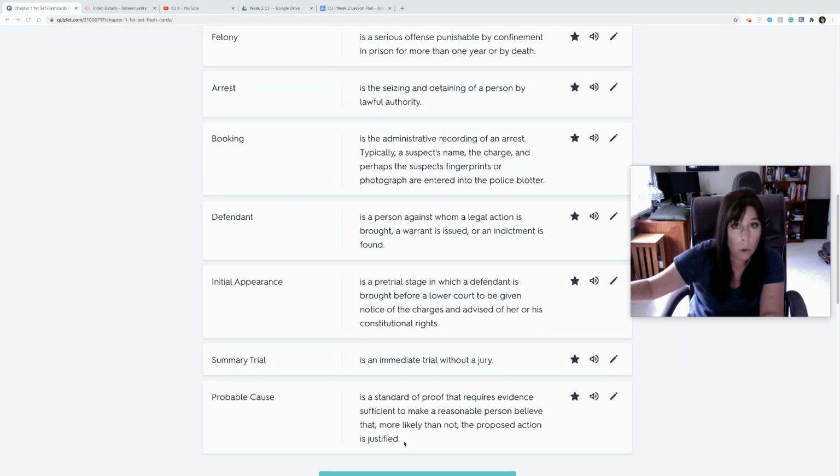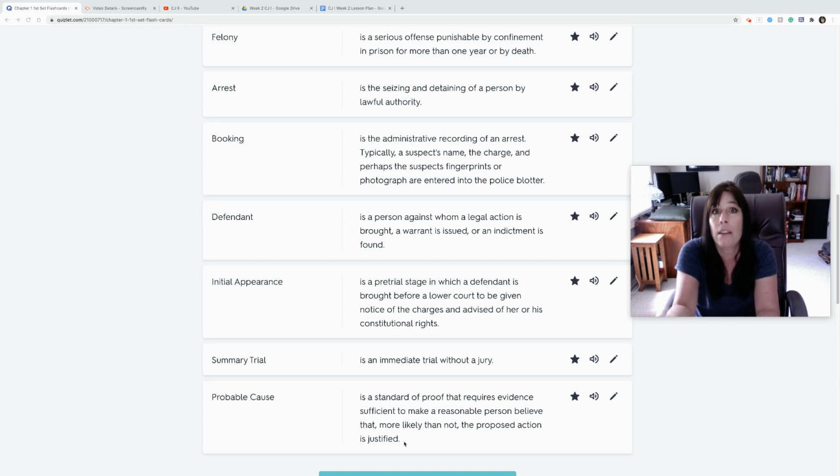We're not talking about courts. We're not talking about trial. We're not talking about beyond a reasonable doubt. We're talking about what you need to make an arrest. Anything less than probable cause is going to be illegal. It's going to get thrown out because there wasn't enough proof, not enough evidence to make that arrest or conduct that search.